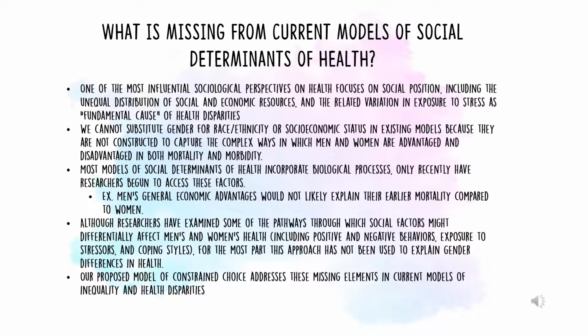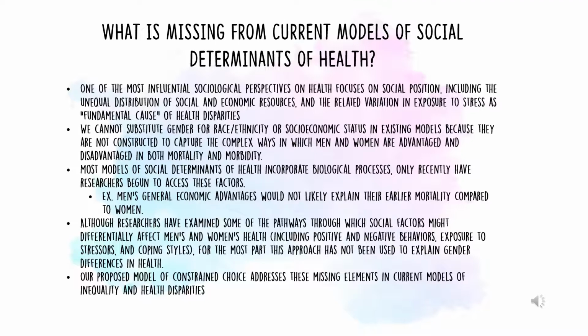Most models of social determinants of health incorporate biological processes, but only recently have researchers begun to assess these factors. For example, men's general economic advantages would not likely explain their earlier mortality compared to women.